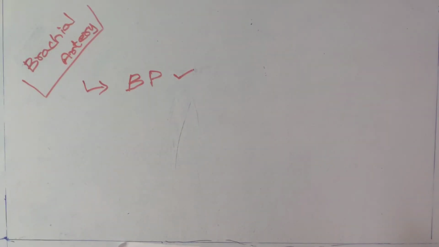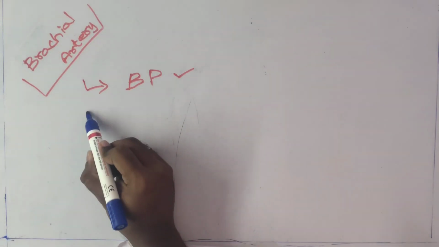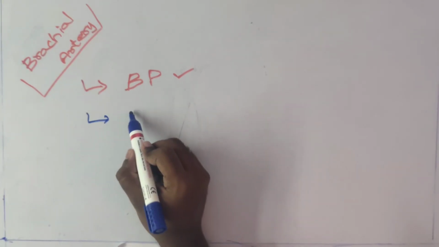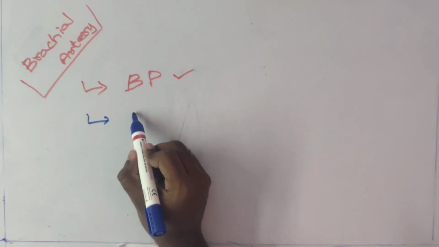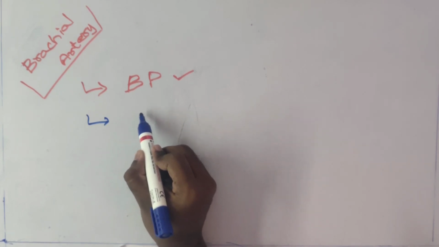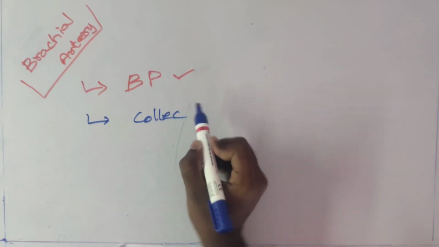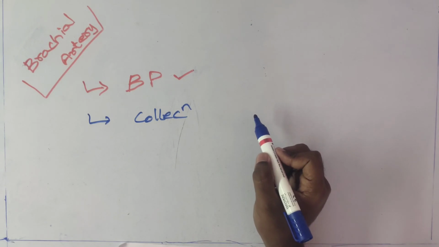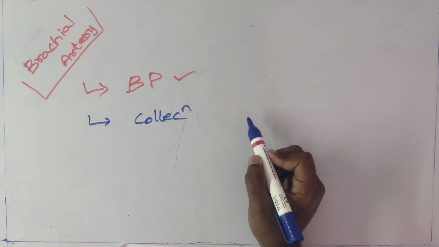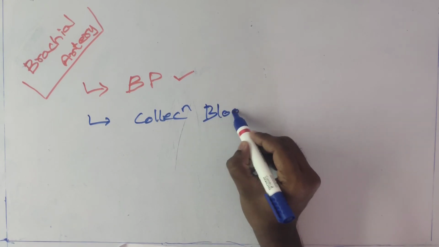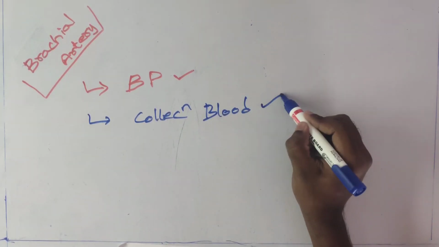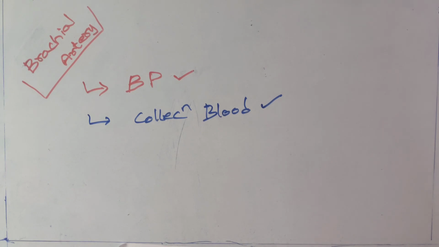And from the brachial artery we take blood to test for some diseases. We collect blood for some clinical conditions, and in the condition of BP measurement, we use the brachial artery. This is the clinical anatomy of the brachial artery.